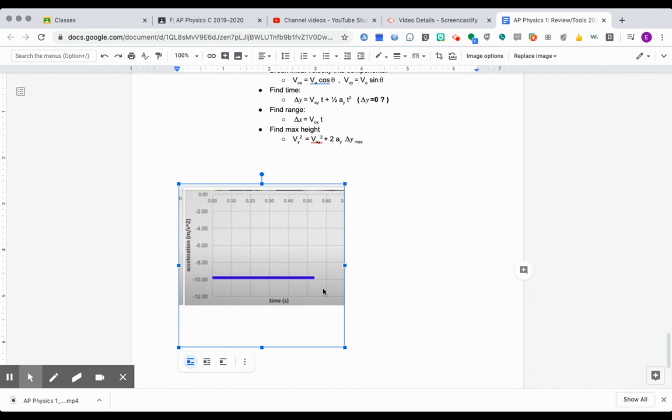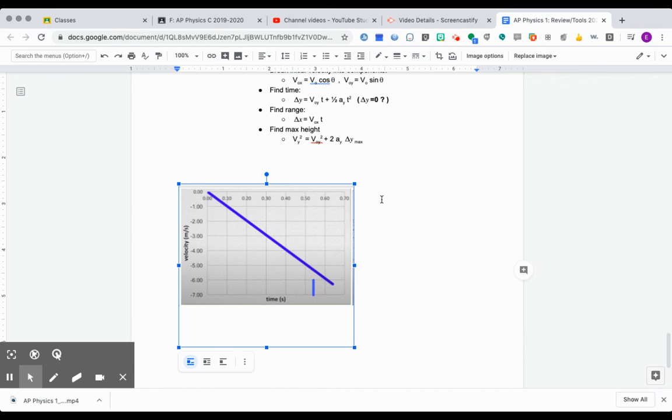To find the velocity, we could take the area underneath the curve. This area will give us the velocity, which we know will be a linear line in the form y equals mx plus b, where the slope of this line is equal to the acceleration.